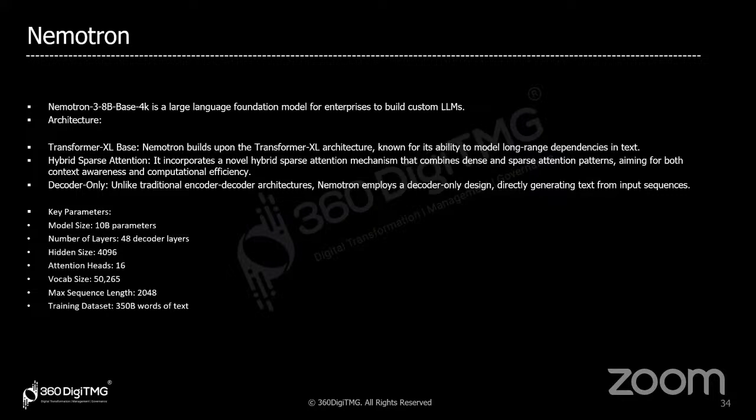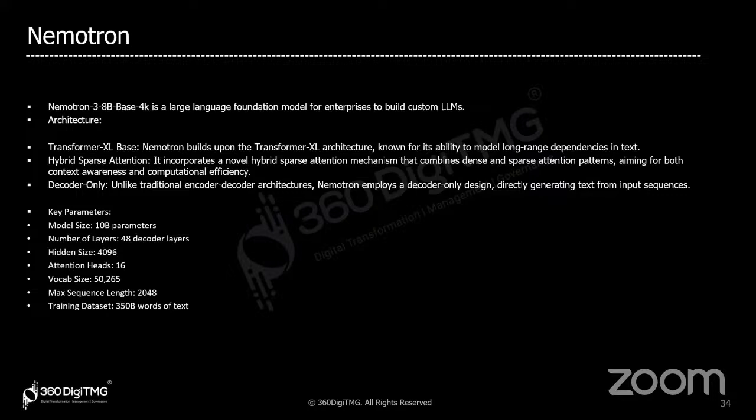Nemotron builds on Transformer XL architecture, known for its ability to model long-range dependencies in the text. Hybrid sparse attention. It incorporates a novel hybrid sparse attention mechanism that combines dense and sparse attention patterns, aiming for both context awareness and computational efficiency.